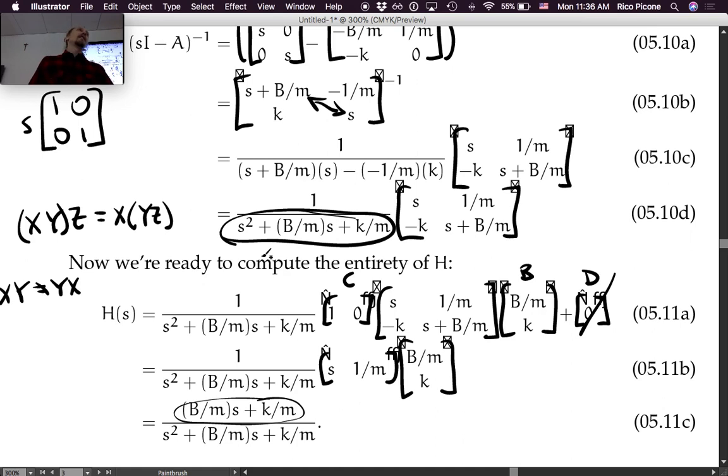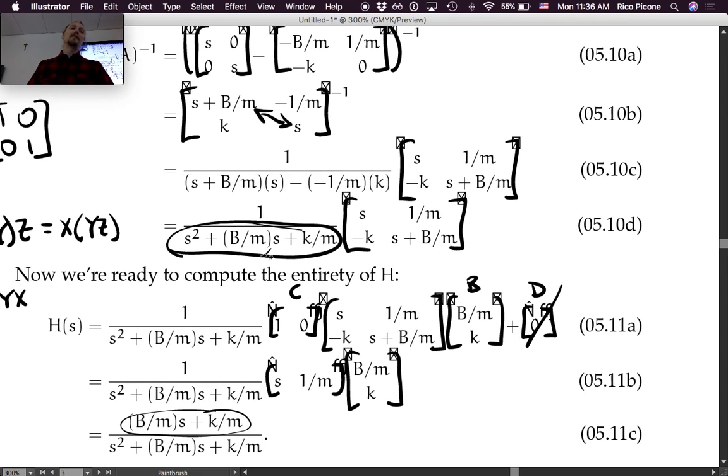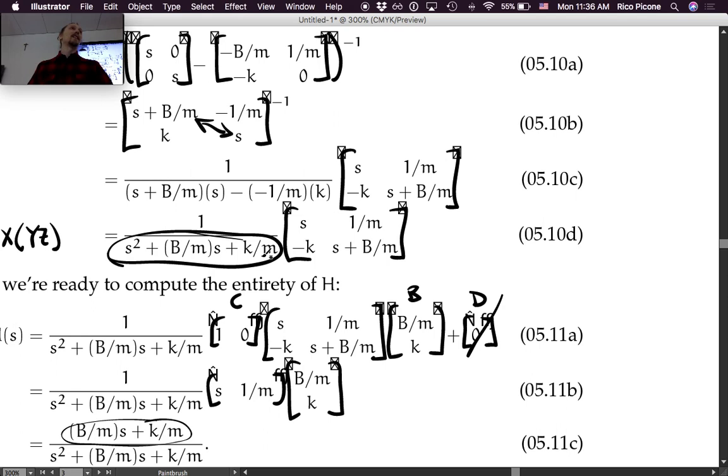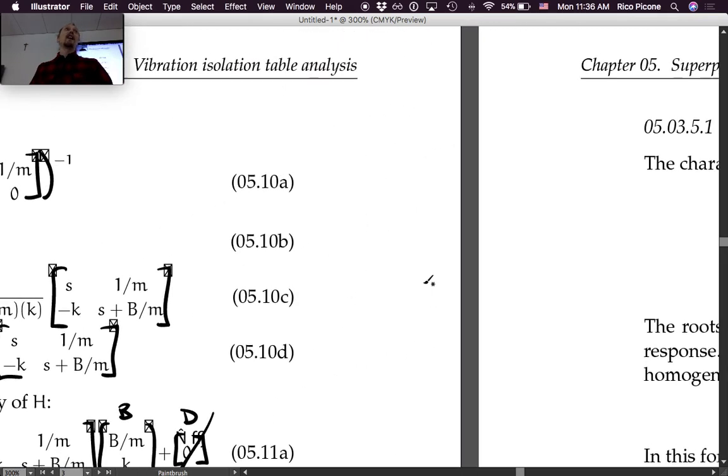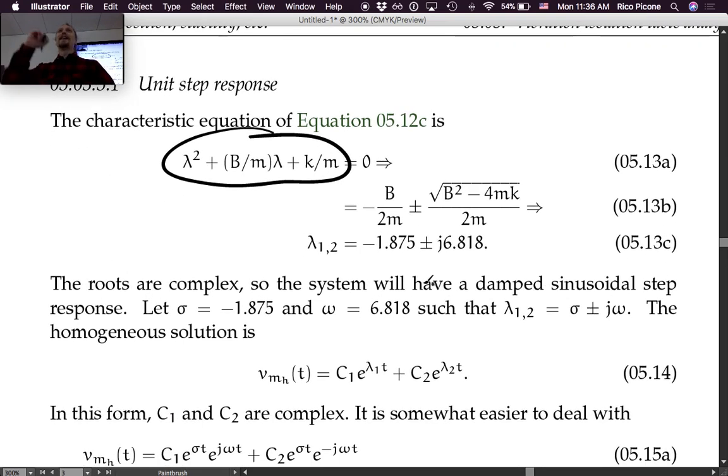Suspicious. Turns out that's always true, and you can find out all kinds of stuff by looking at the determinant of sI minus A. For those of you keeping score at home, these are the eigenvalues. We haven't talked about eigenvalues yet, but we will get there. For now, they're just the roots of the characteristic equation when we're trying to solve this input-output ODE, right?